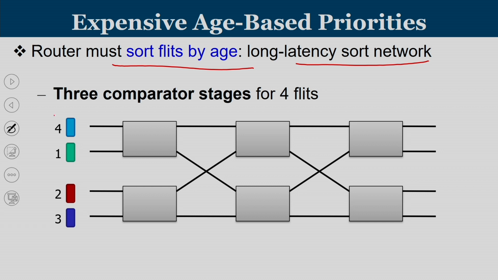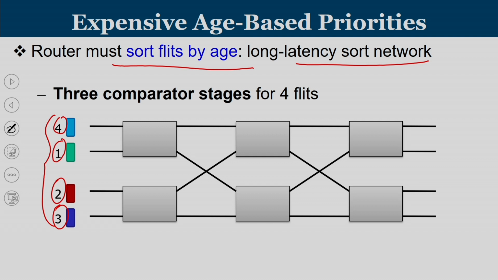Let's say the number represented here is the time at which these flits are generated into the packet. You can see that this blue flit, the first one, has a creation timestamp of 4. That means it was created at time unit 4, whereas green was created at time unit 1, red at 2, and this blue at 3. So the lower this number, the older the flit.